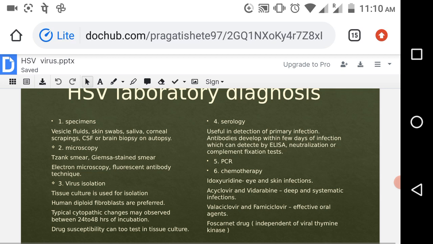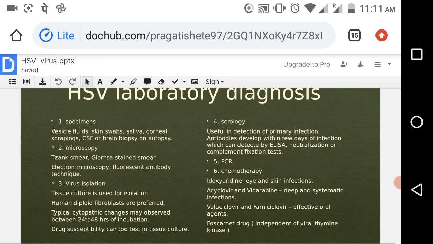The smears are made from the lesions, preferably from the specimen sample. If the lesions are present on the skin, then the fluid in the lesions is used to prepare the smear.